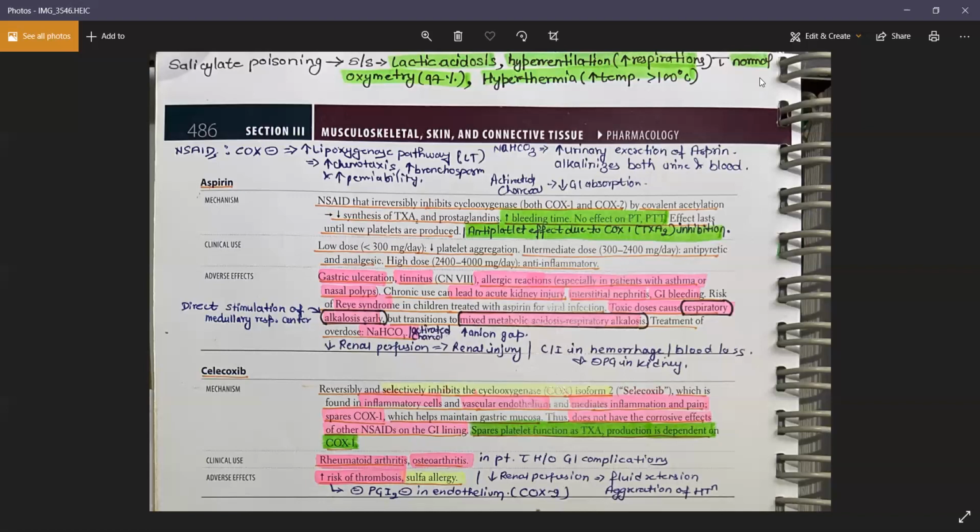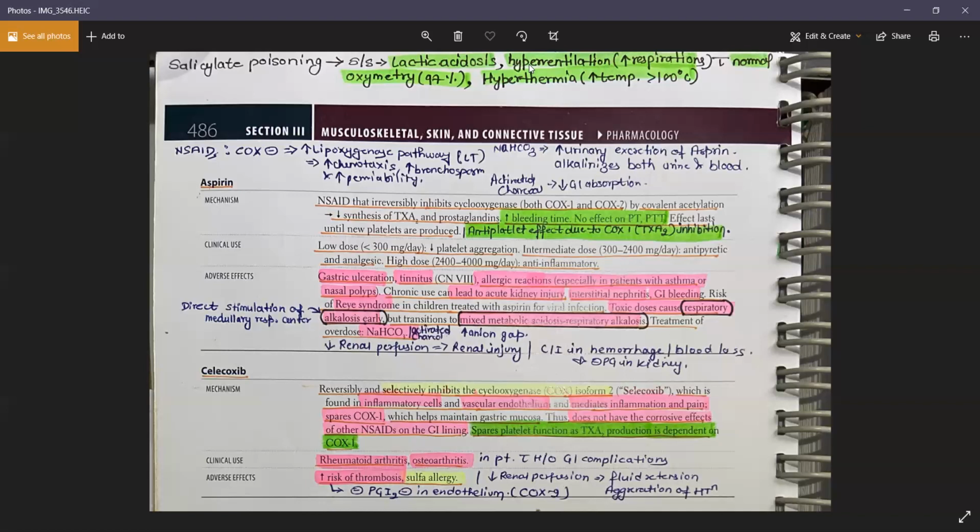But you're encountering a patient who has hyperventilation even with normal oxygen levels. That means something is stimulating my respiratory center, some external agent is doing that.